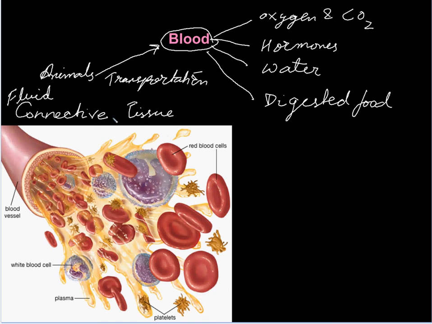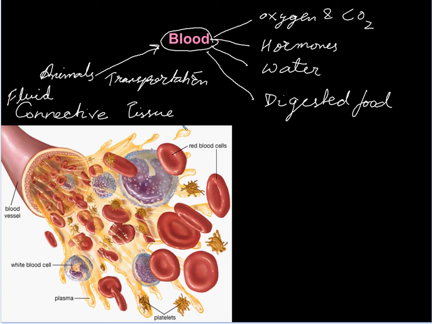Blood is present throughout our body, and it transports food, oxygen, carbon dioxide, hormones, water and digested food from the toe to the hair. Blood is the connective tissue which connects each and every part of the body.